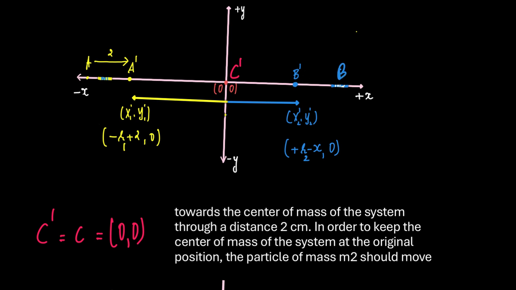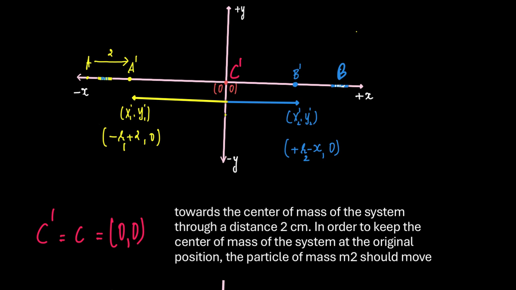Okay, so now we have two different sets of positions. One is A dash, the other is B dash. A dash is the new position of mass m1, B dash is the new position of mass m2, with coordinates x1 dash, y1 dash and x2 dash, y2 dash respectively. Now what would be x1 dash?